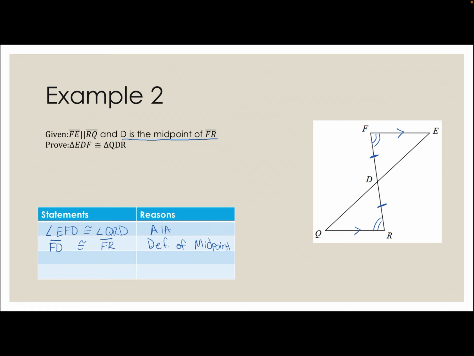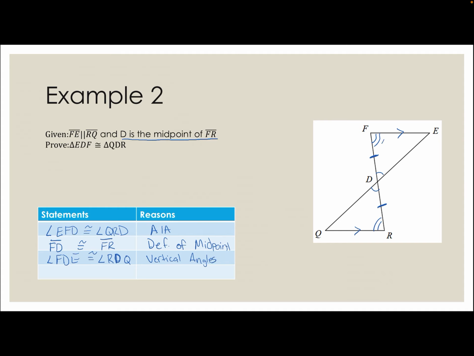Next, if we're going to do an angle side angle proof, notice we have these vertical angles here. So we're going to get angle FDE is congruent to angle RDQ, and that's going to be because vertical angles are congruent.